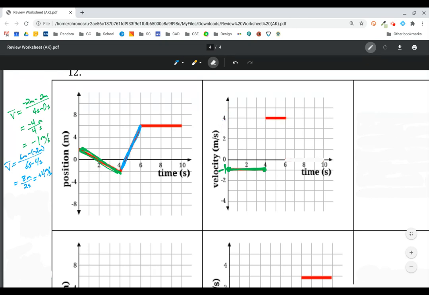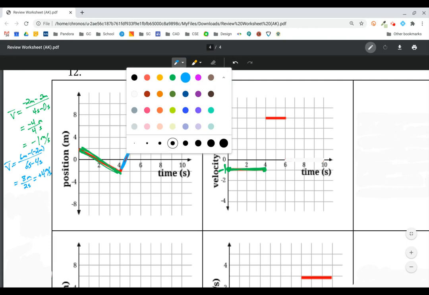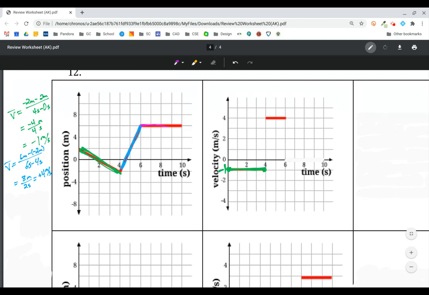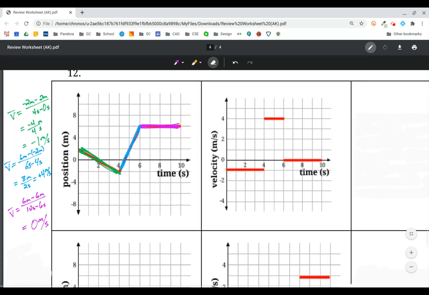So that's our second segment of the velocity time graph. And then the third segment on the position time graph is horizontal. And so finding the slope of this section, mathematically, it is 0 meters per second. And so that will be right on the time axis of our velocity time graph. So our velocity time graph is done.